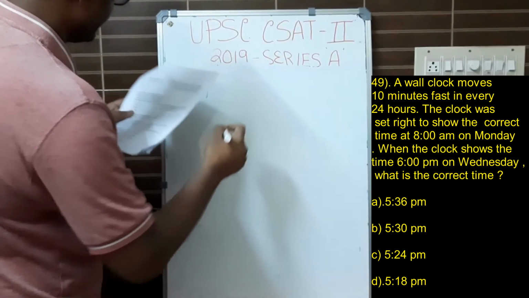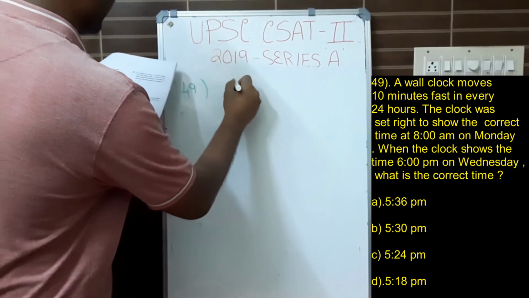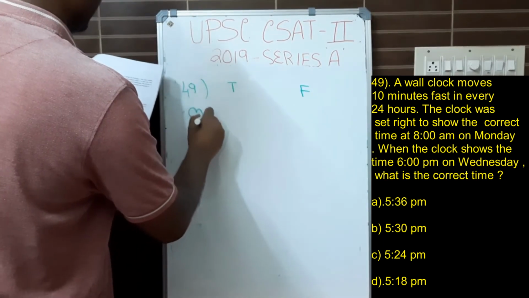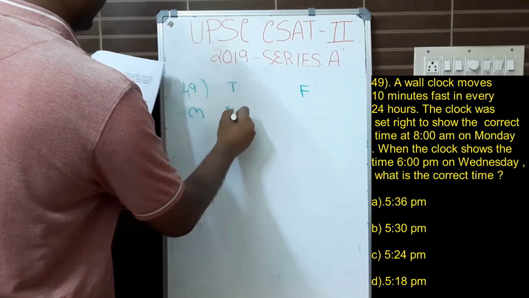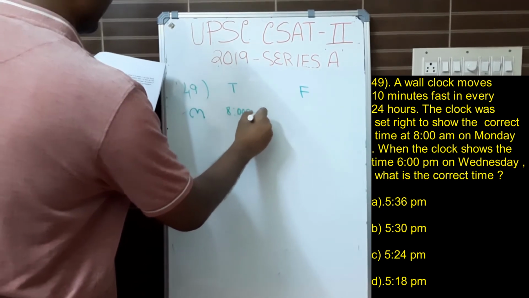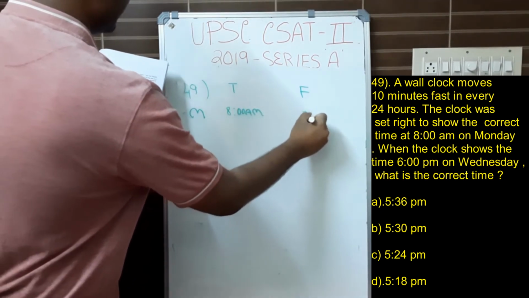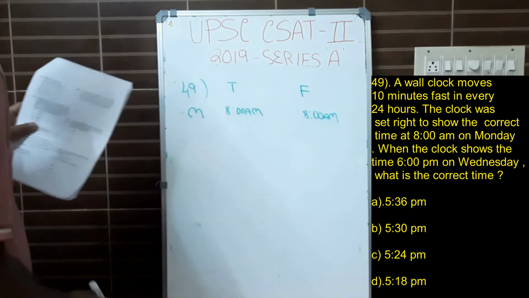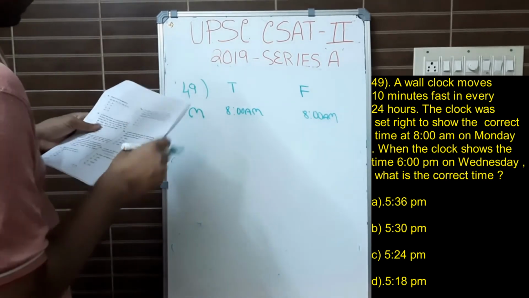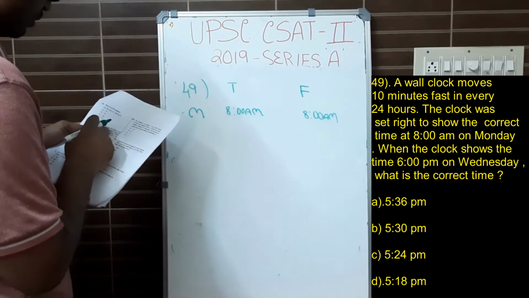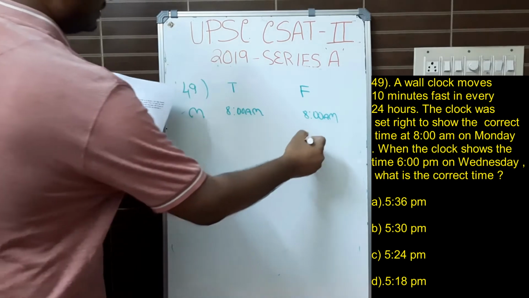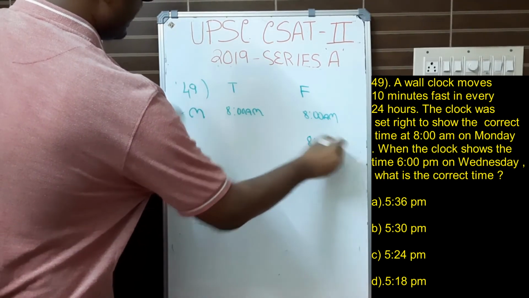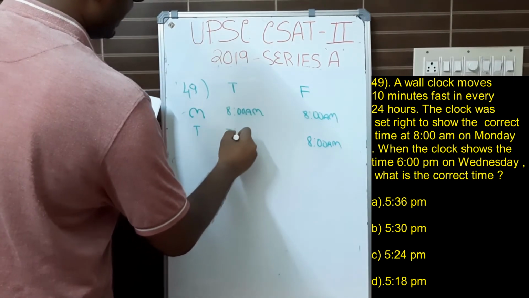Question number 49. We have true time, that is the right time, and then we also have false time. On Monday, the time was 8 am, both true time and false time, because the clock was set as such. The clock represents 8 am and the time was also actually 8 am. But for every 24 hours, the wall clock moves 10 minutes fast. It means it shows 8 am on Tuesday, but actually it is 7:50.